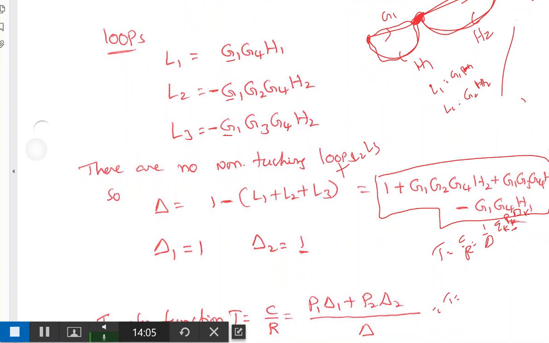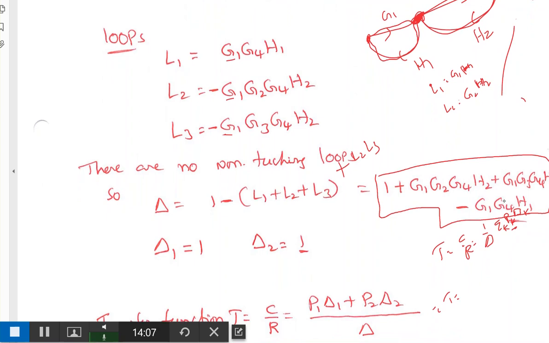Eliminate all those elements which are touching the forward path. For example, here G1, G2, G4, H2 are already involved with forward path 1, so eliminate that. G1, G3, eliminate that because this element is involved in the forward path.